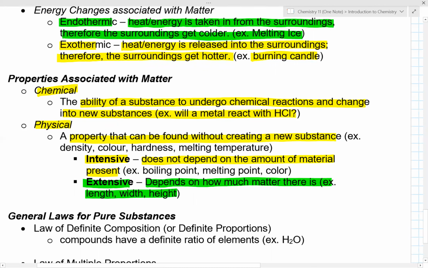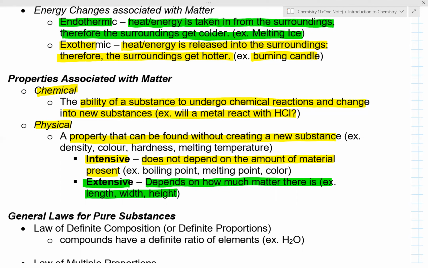An example would be you, whoever's watching this on video. An intensive property is that you cannot change who your parents are, your biological mother and biological father who produced you. Your genetic code is an intensive property. You cannot change that.